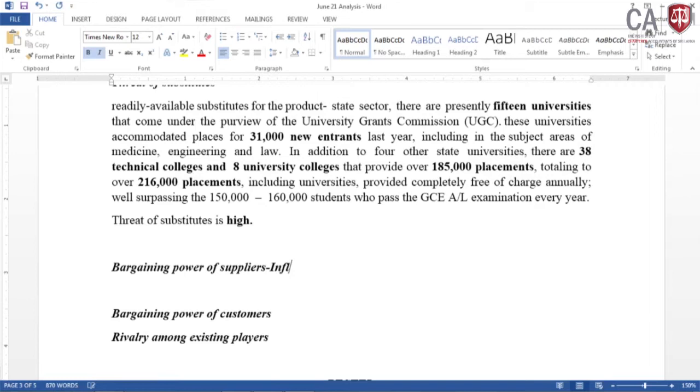We will check the influence power of main suppliers. So, who are the suppliers here actually? For example, academic lecturers, or we will say lecturers or academic persons, academic resource persons.